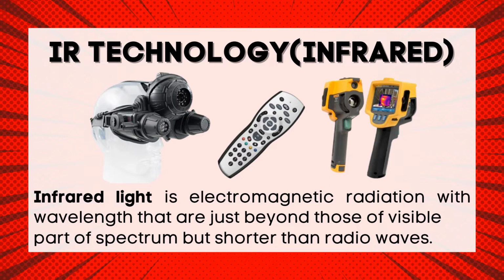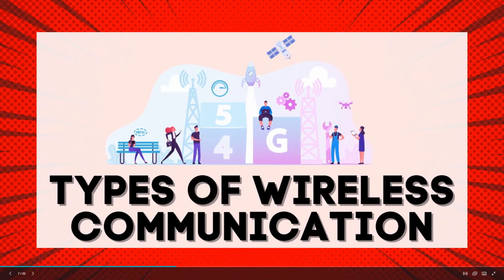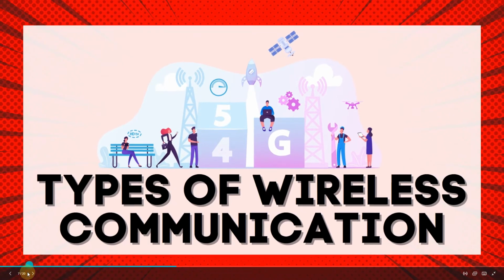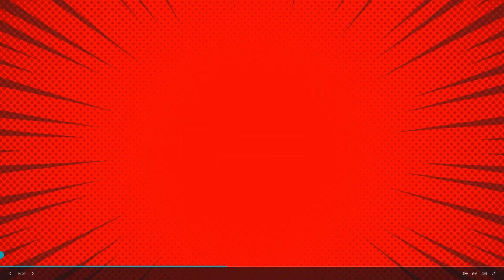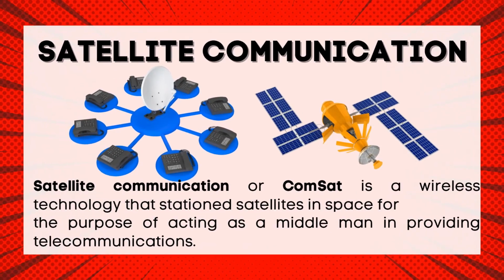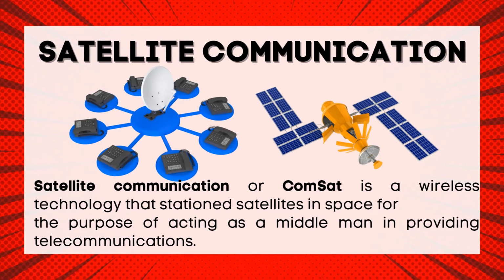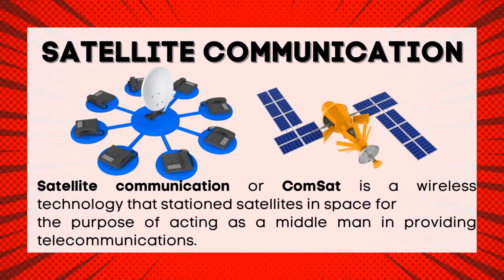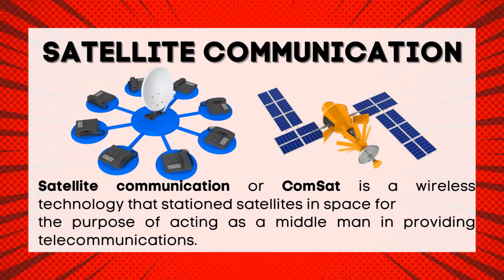So, the next type of wireless communication, aside from the infrared, is satellite communication. Satellite communication or ComSat is wireless technology that stations satellites in space for the purpose of acting as a middleman in providing telecommunication.